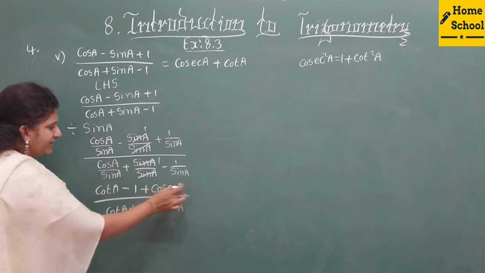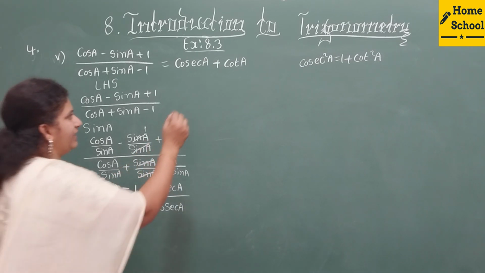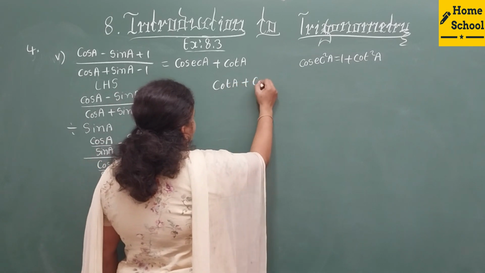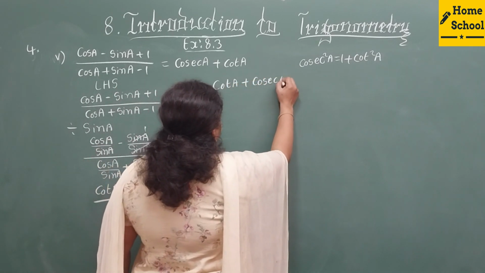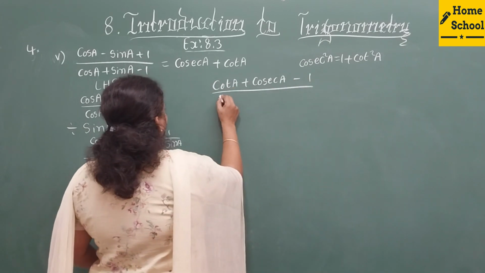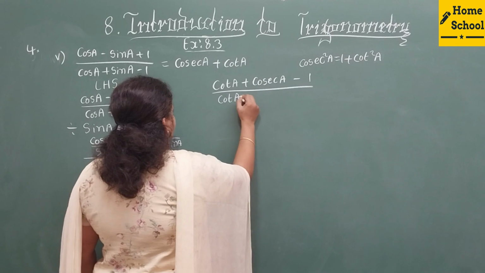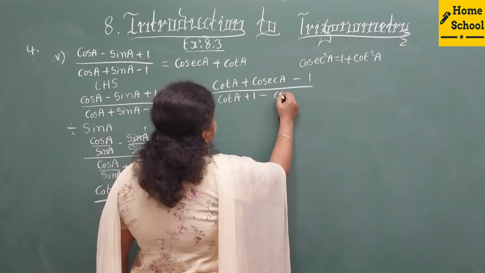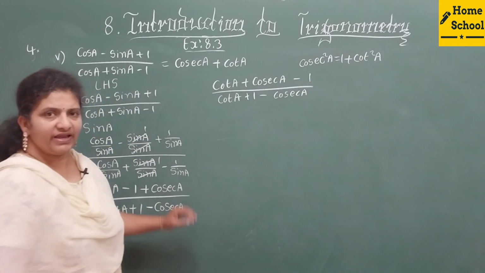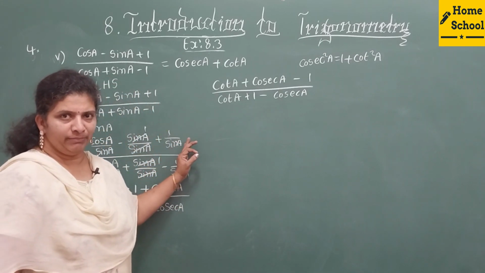Let me write minus 1 this side. That means cot A plus cosecant A minus 1 by cot A plus 1 minus cosecant A. Right? This is a very important point you need to remember here.